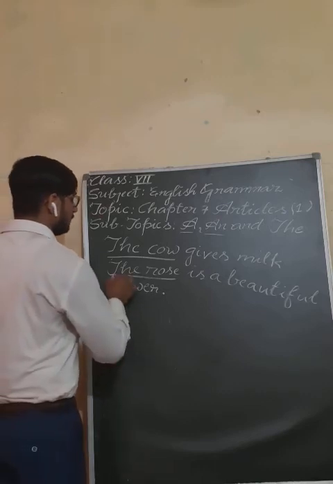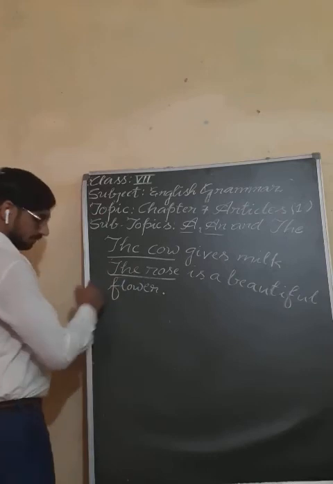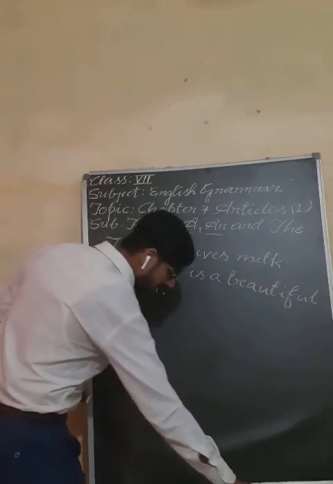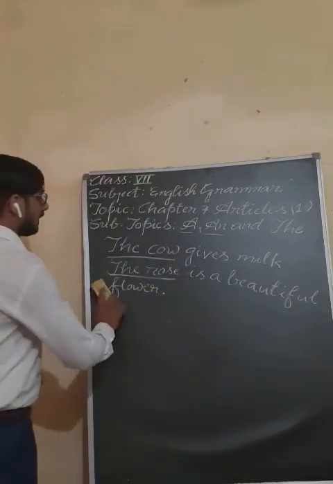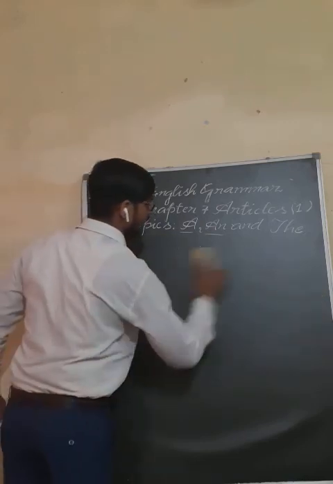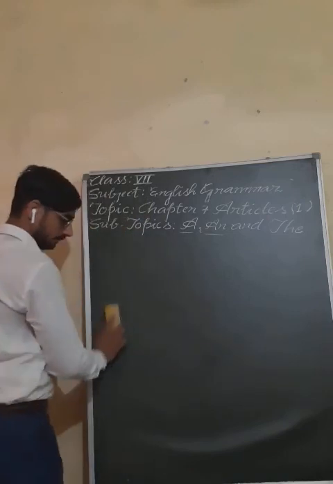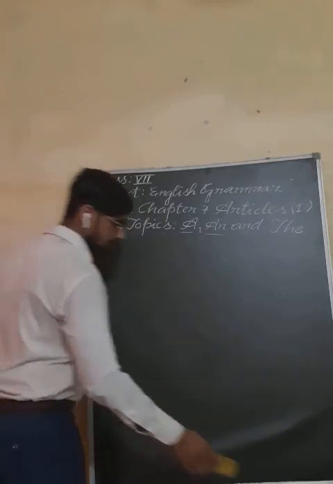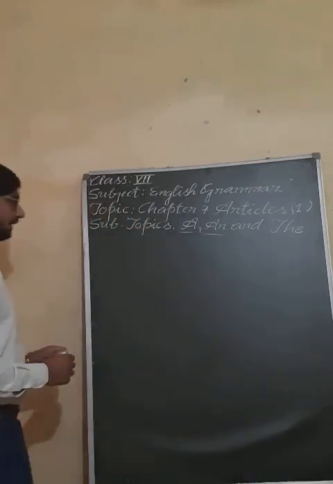Understand? So here we will use the in this way by indicating about the races of animals and things. इसी जाति का बोध कराने के लिए.